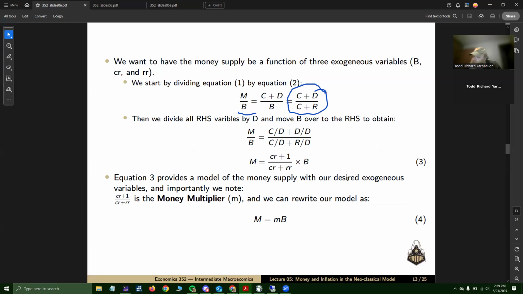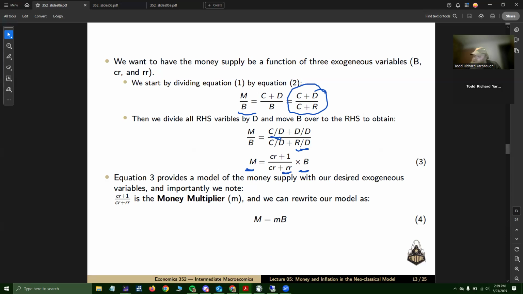So C divided by D, and R divided by D. So it's the currency deposit ratio plus one, divided by the currency deposit ratio plus the reserve to deposit ratio. We simplify these: CR represents the currency deposit ratio, and RR represents the reserve to deposit ratio. So the money supply of an economy is equal to (CR plus 1) divided by (CR plus RR), and then times the monetary base.